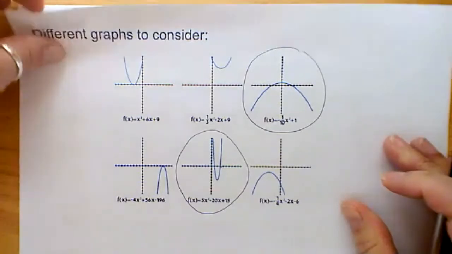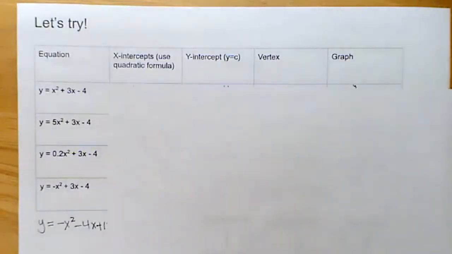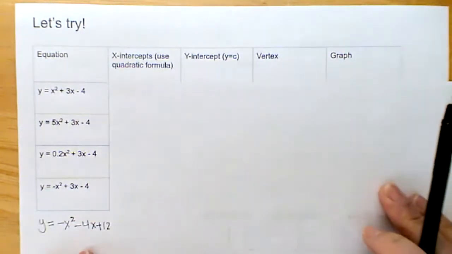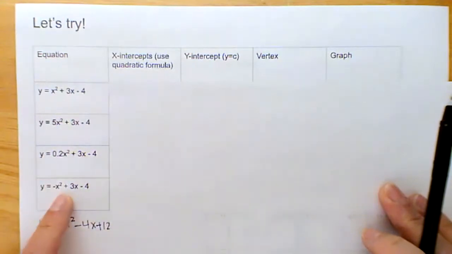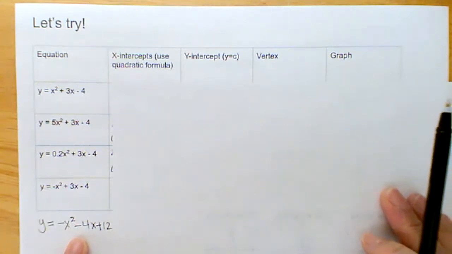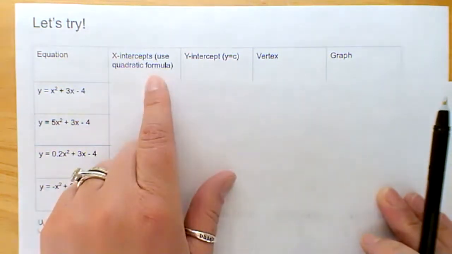So let's get going. On the next slide in the slide deck, I have created this little table for you. And in the table, you have 1, 2, 3, 4 examples. I actually added a 5th one down here, which you can add as well. And we're going to be finding the x-intercepts. Remember, that was the first step.